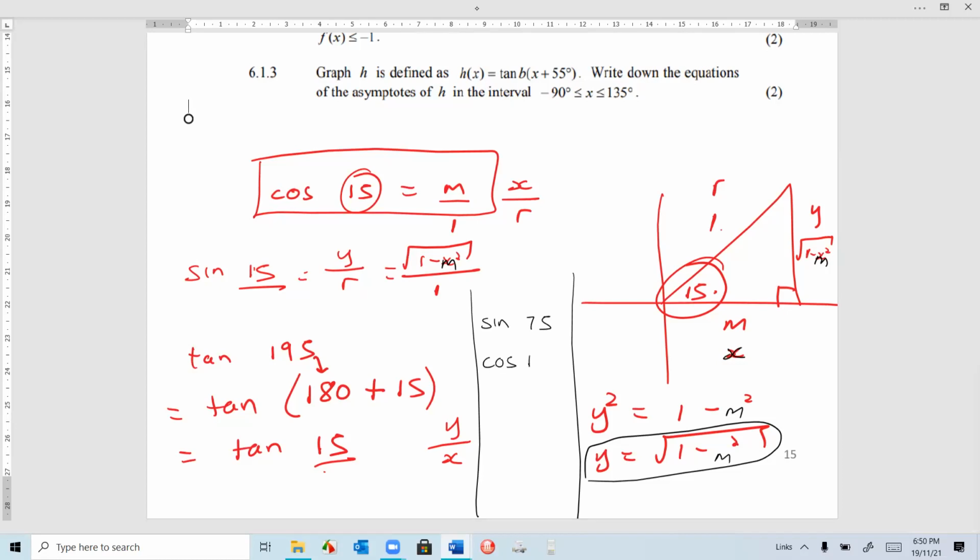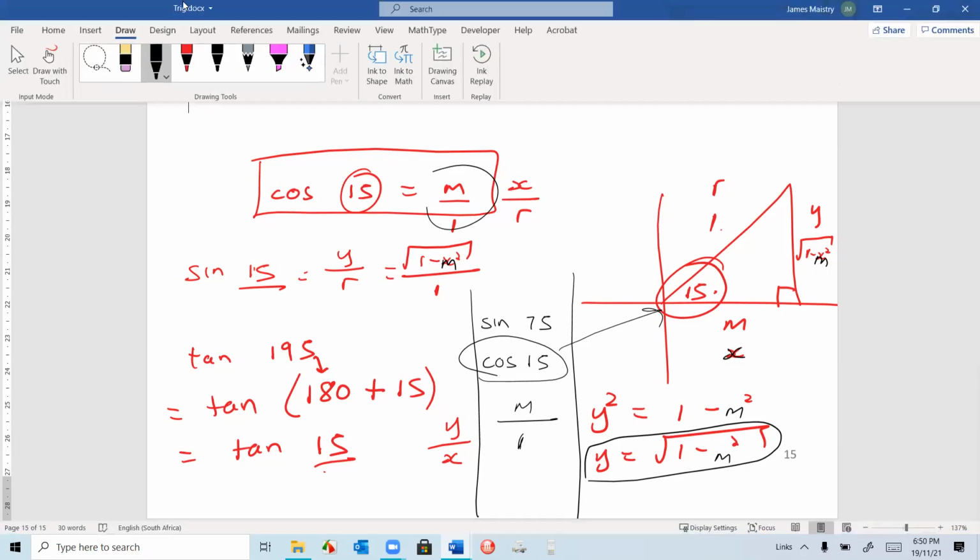So that becomes cos 15, because 90 minus 75 is 15. And once you have cos 15, you now have permission to use the diagram. Cos is x, your x value is m over your r value, which is 1, which was given as well. So that is the kind of thinking behind a question like that.